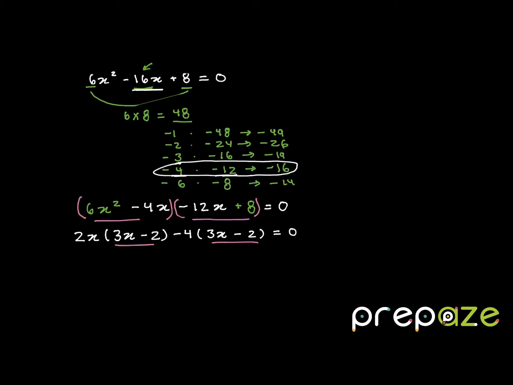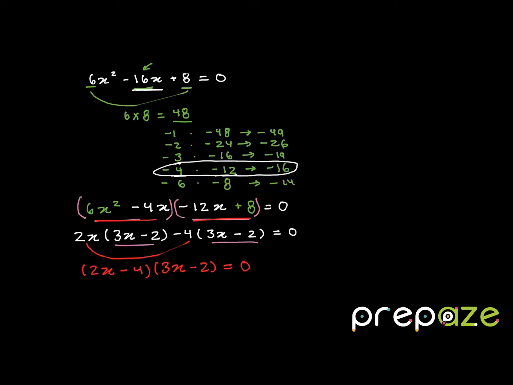Now, for our final grouping, what I'm going to do is group these two factors that we factored out of our original groups. So I'm going to put that into one group and write this as 2x minus 4. And then I'm going to just keep the 3x minus 2 separately. And we're going to make this equal to 0.